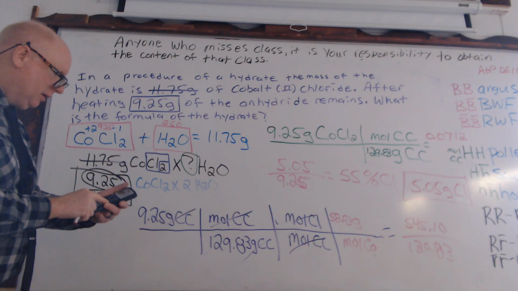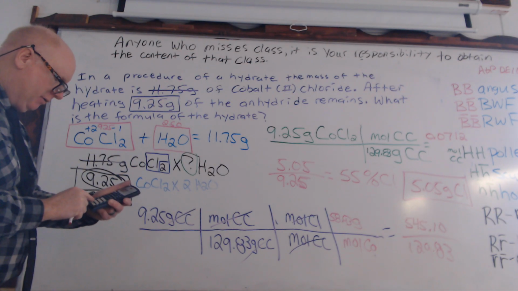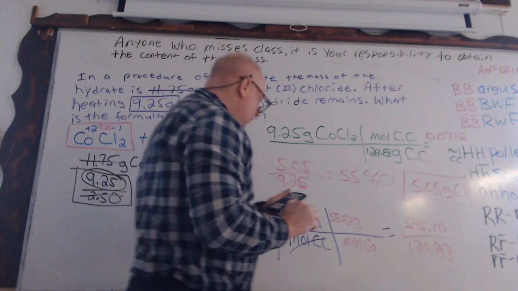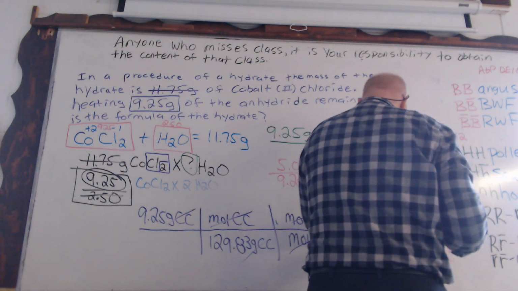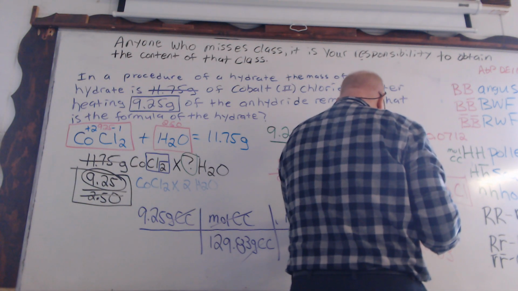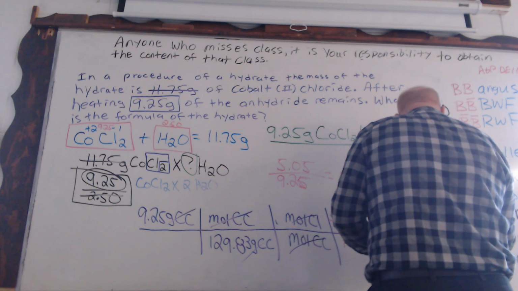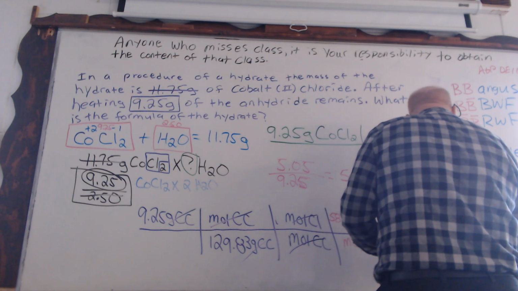545.10 divided by 129.83 gives you 4.19, we'll say 4.20 grams of cobalt.